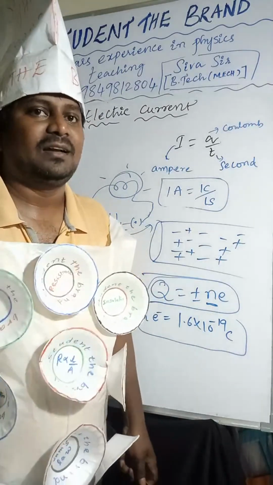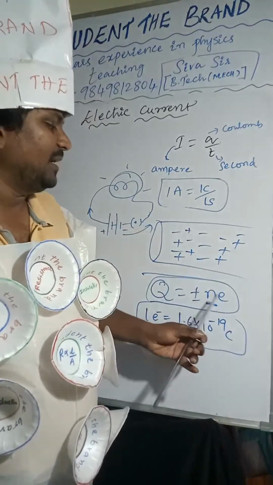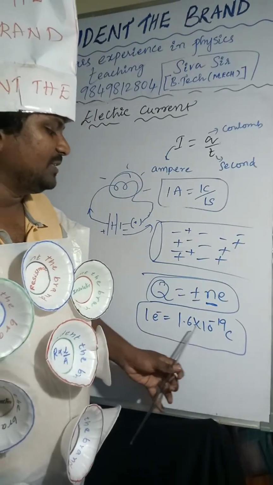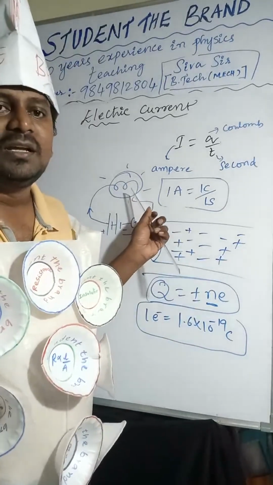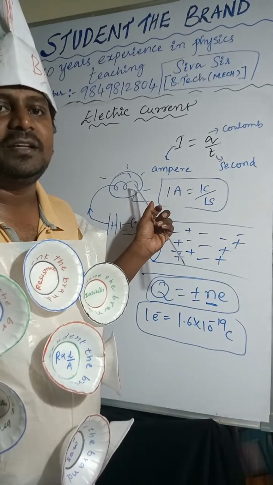So we'll go with the concept. Charge is nothing but plus or minus, an integral multiple. One electron equals 1.6 into 10 power minus 19 coulomb. I hope someone asked this question. Is it clear? I hope it is clear to you all.